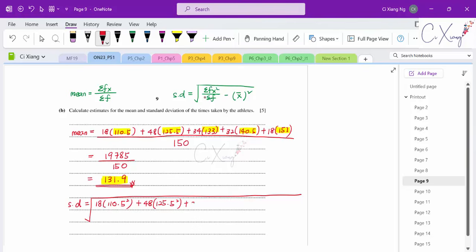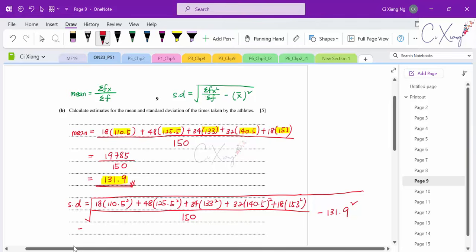So repeat the same thing for the other classes. Okay, so you can see that I repeat the same thing for the other classes, and then I have to divide it by the total frequency, which is 150 as well, minus the mean square.